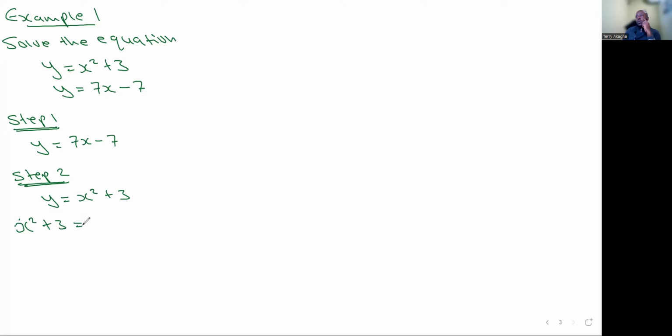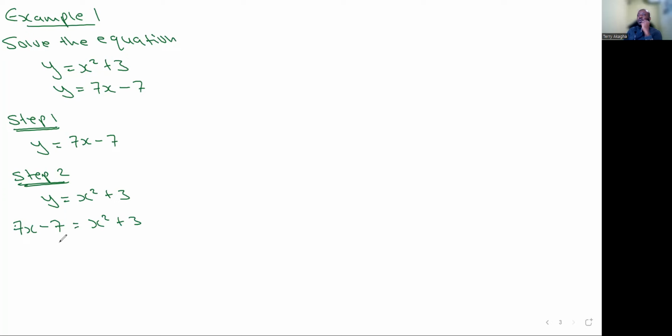So anywhere we see y, we're going to put 7x minus 7 there. So it's going to be 7x minus 7 is equal to x squared plus 3.